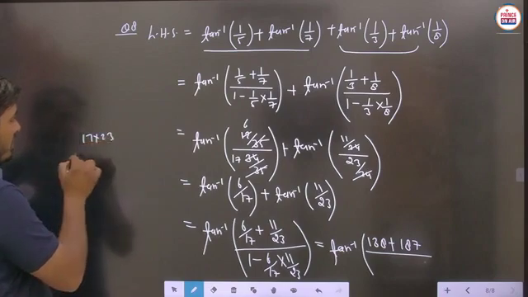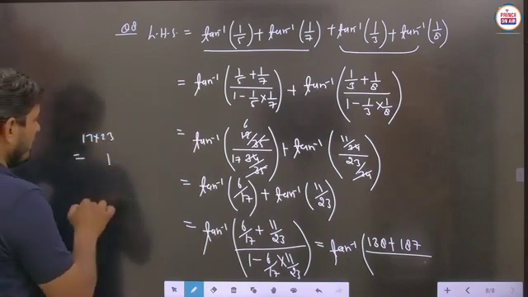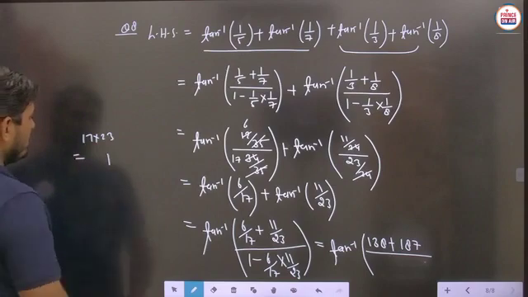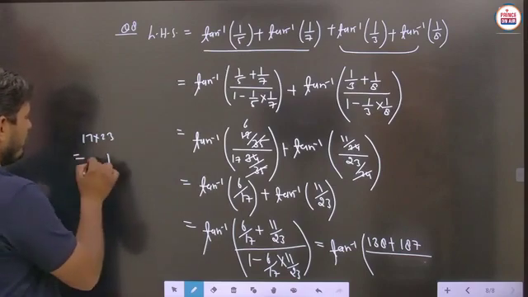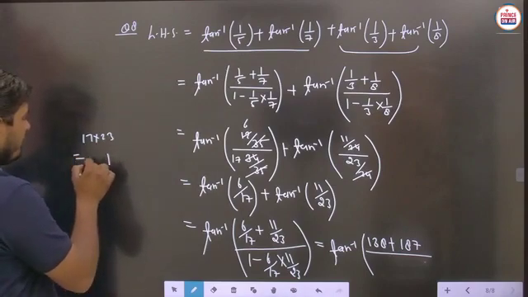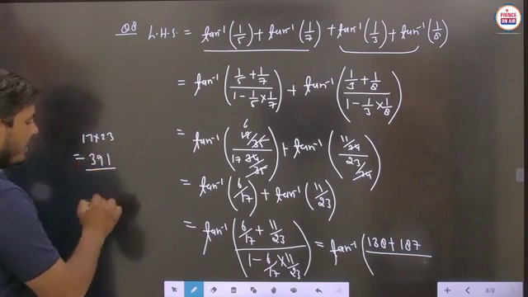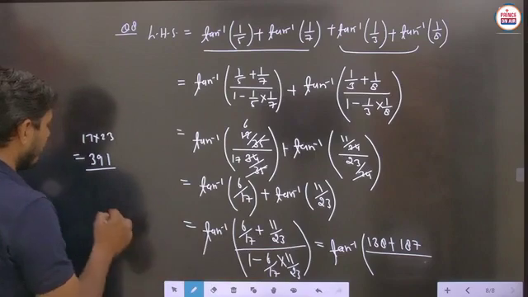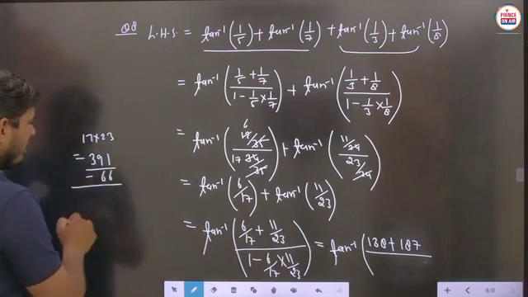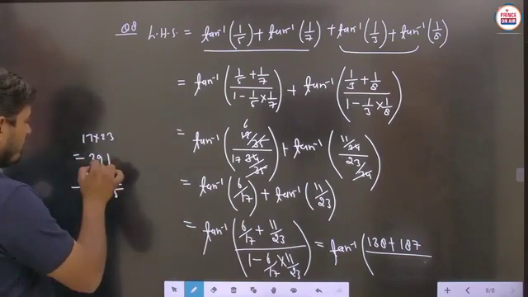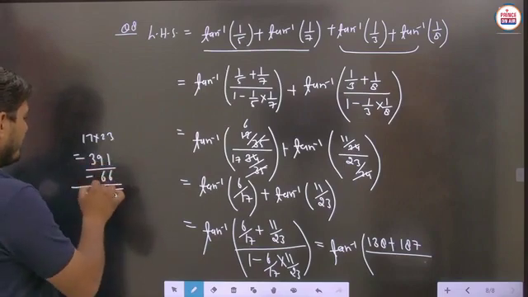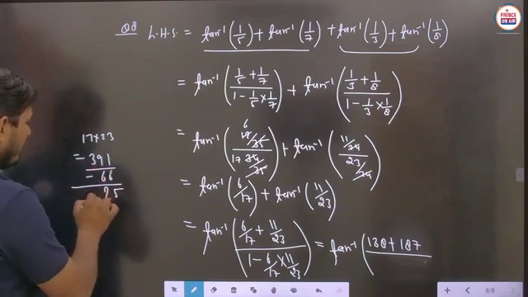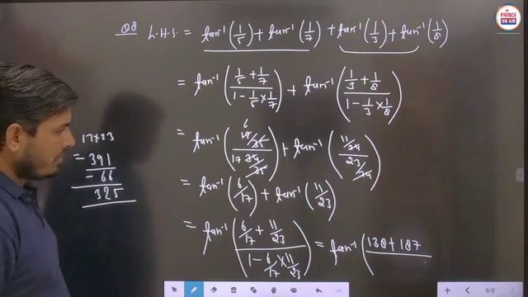Definitely 17 into 3 is 51 and 17 into 2 is 34, plus 5 is 39, so 391 will be there, minus 66, because this part is to be subtracted from here. Then this is 325.